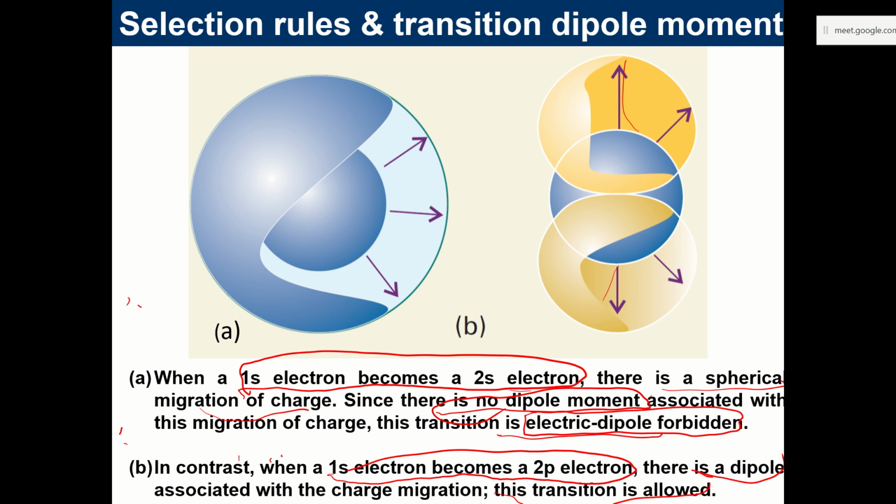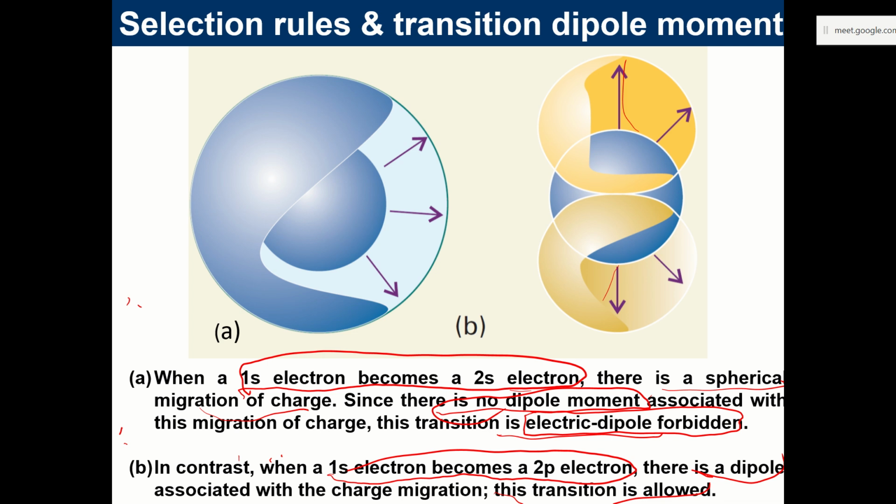So it is the interaction of light with matter, interaction of light with the molecule, and that will happen when there is a dipole which is developed during the transition. During the electronic transition, there must be a dipole developed.